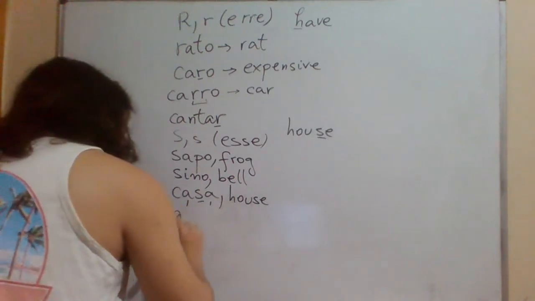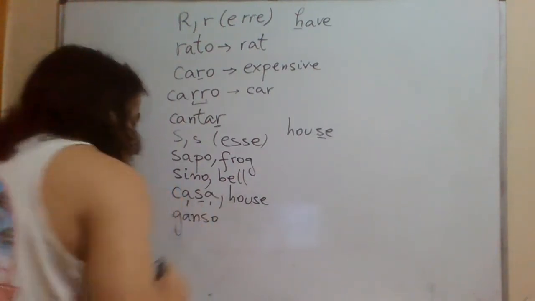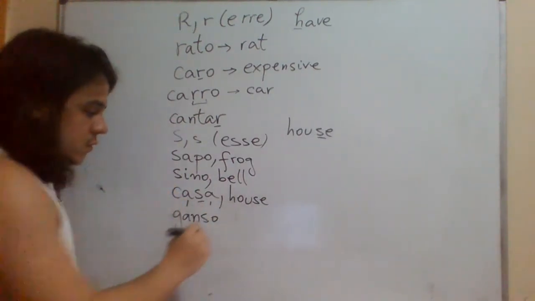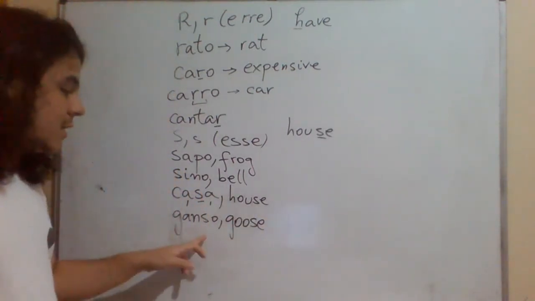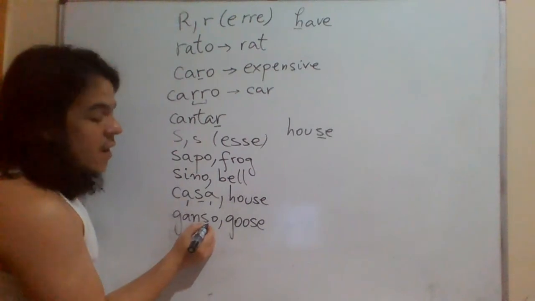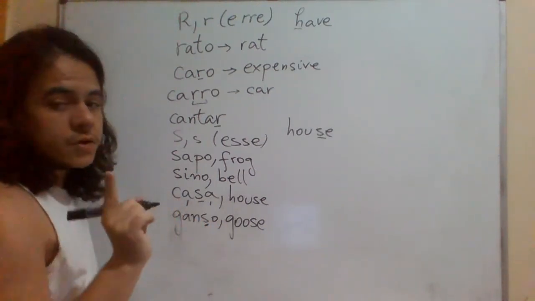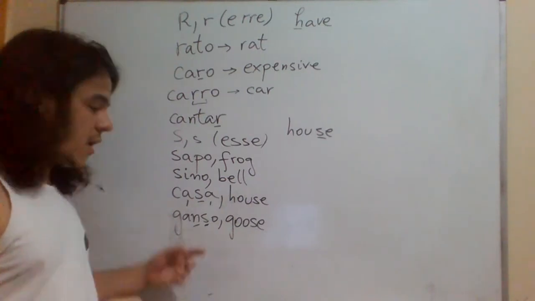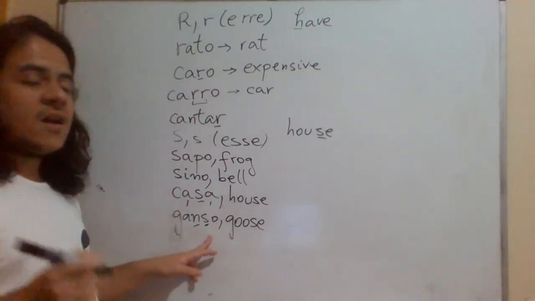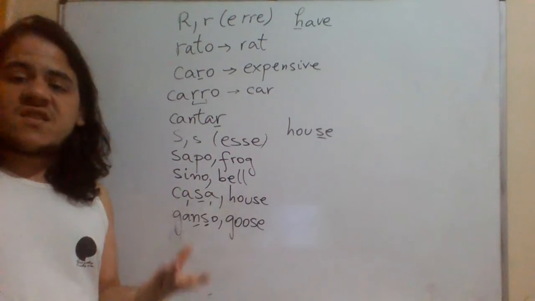For example, this word here, we say ganso. It means goose. Ganso. Now letter S is not between two vowels. It's between a consonant and a vowel. So it maintains this sound of S.